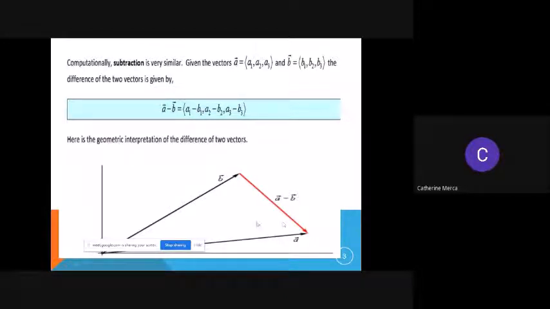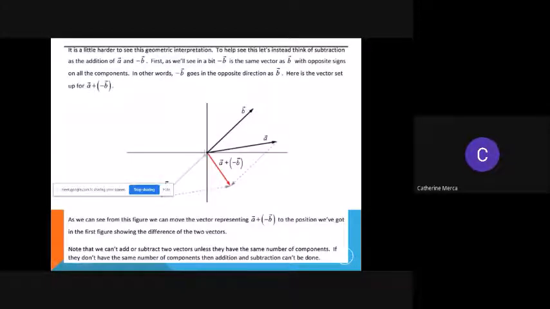It may not be very clear to you, so let's look at what it looks like. Why did it turn out this way? The addition is clear, but in subtraction, the negative of vector B is the opposite direction.